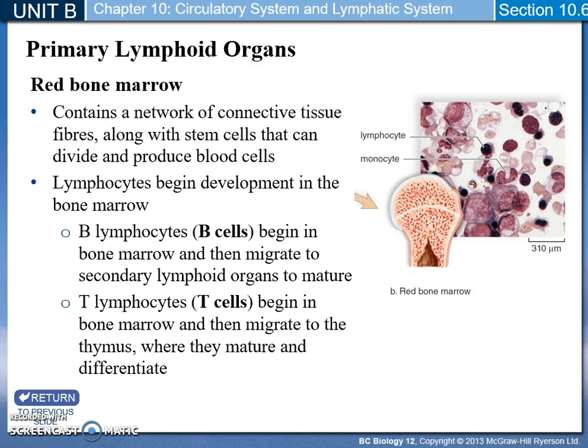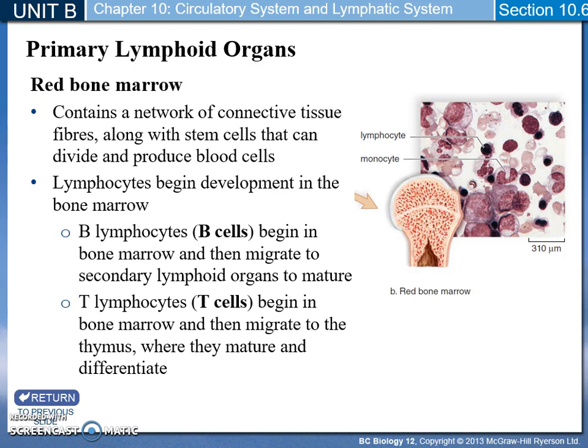So the primary lymphoid organs then, so the red bone marrow contains a network of connective tissue fibers along with the stem cells, which differentiate and produce the red blood cells and the white blood cells, or the lymphocytes.